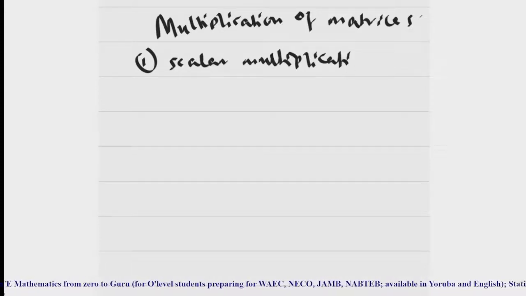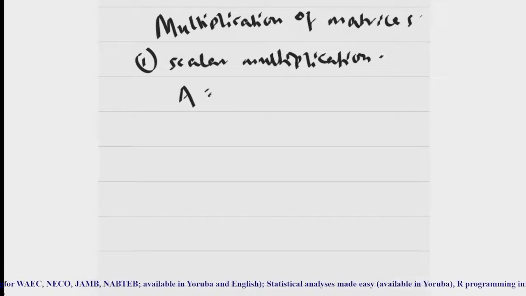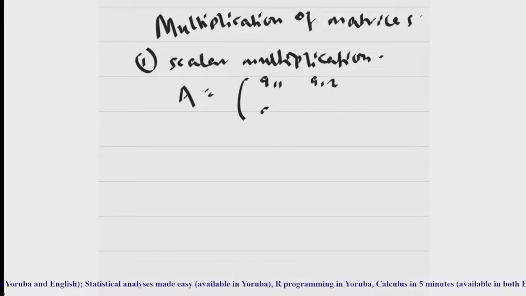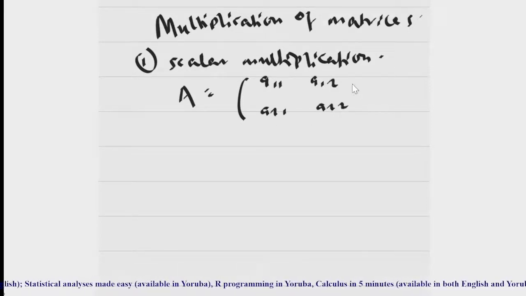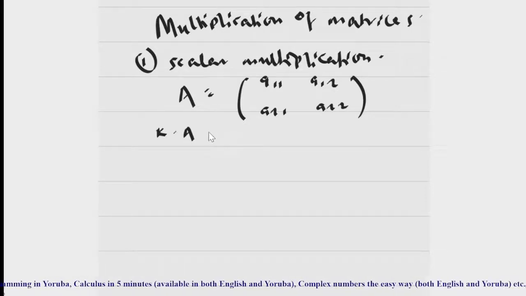By scalar multiplication, I mean a situation whereby you multiply a scalar by a matrix. For example, if you have a matrix A, let me do it in general, A11, A12, A21, A22. You understand now? Then when I have a scalar K, scalar means a number, a constant, multiplied by A, this A is a matrix.